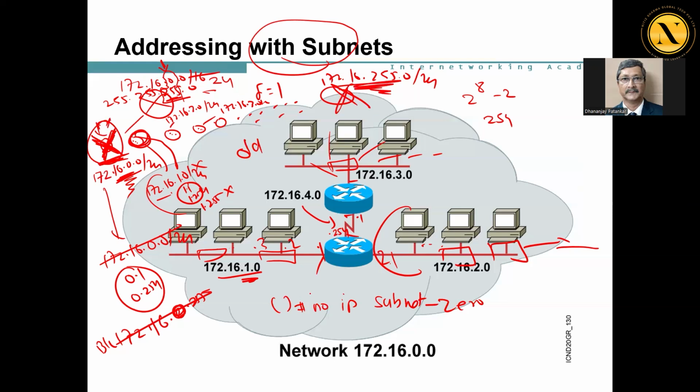Got it? But now it is not so. Now the command that comes on automatically from the factory is ip subnet-zero, which means you can use the first subnet and the last subnet, the zero subnet and the broadcast subnet. You got it? So now you can use 0.1, 0.2 also.